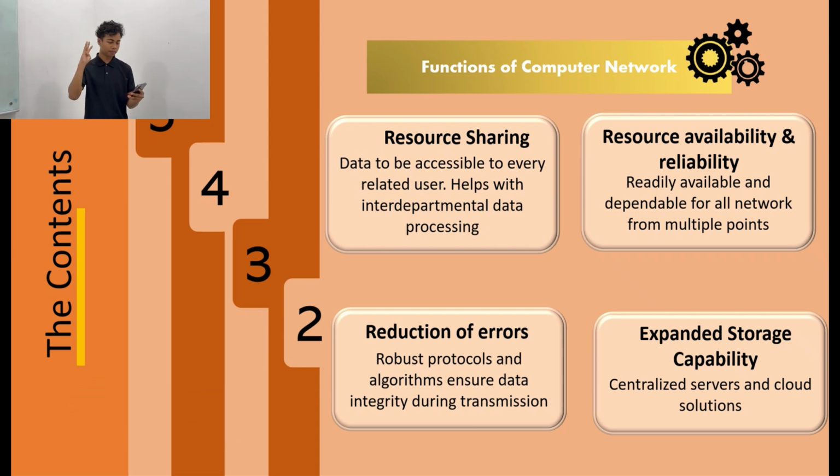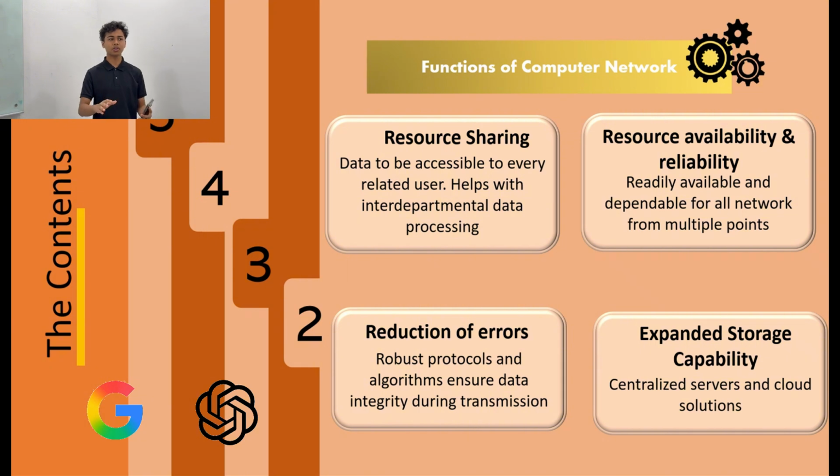And the fourth function I want to talk about is about the resource availability and reliability. As we all know, on the internet today, or the computer network, it allows us to search for information in search engines like Google or even ChatGPT much better right now, in which we can literally get a lot of information in a fraction of seconds.